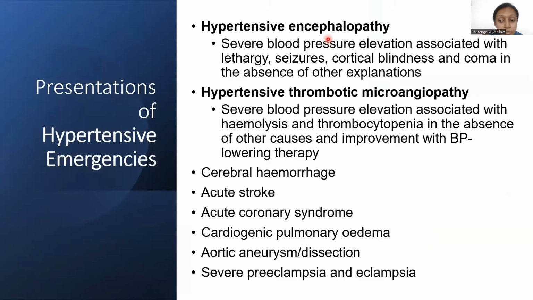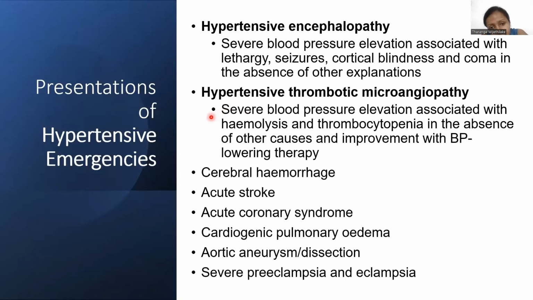So you don't have a stroke or an ICH. The NCCT brain is pretty much not showing anything, but the patient has a severely elevated blood pressure and some neurological symptoms.